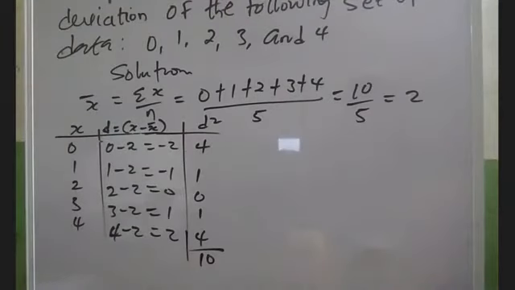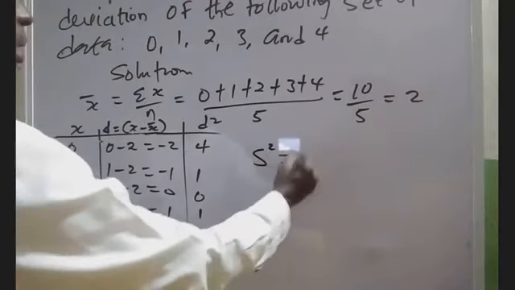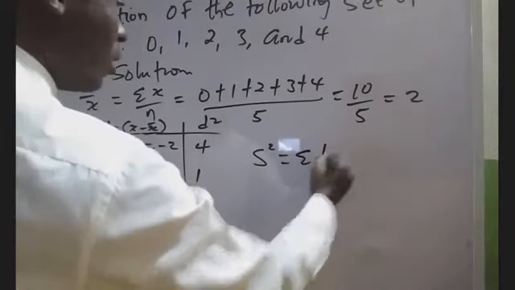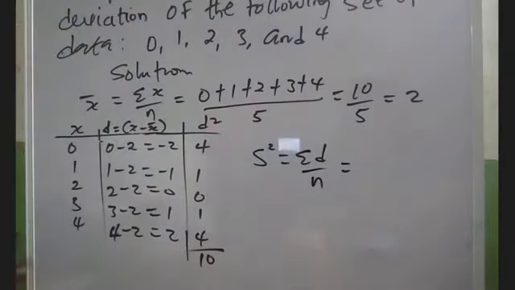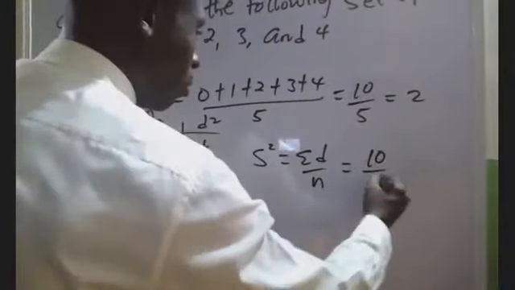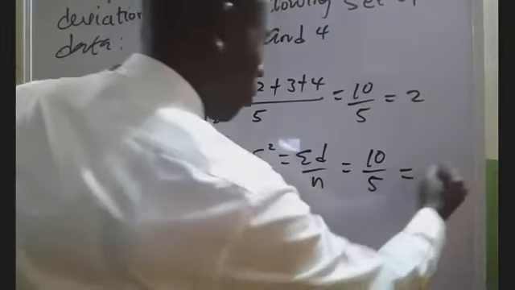Now, standard deviation and variance. Let's start with variance. S squared, which is variance, is equal to sigma d squared over n. So that will be 10 over 5. Total number is also 5. And that will be equal to 2.